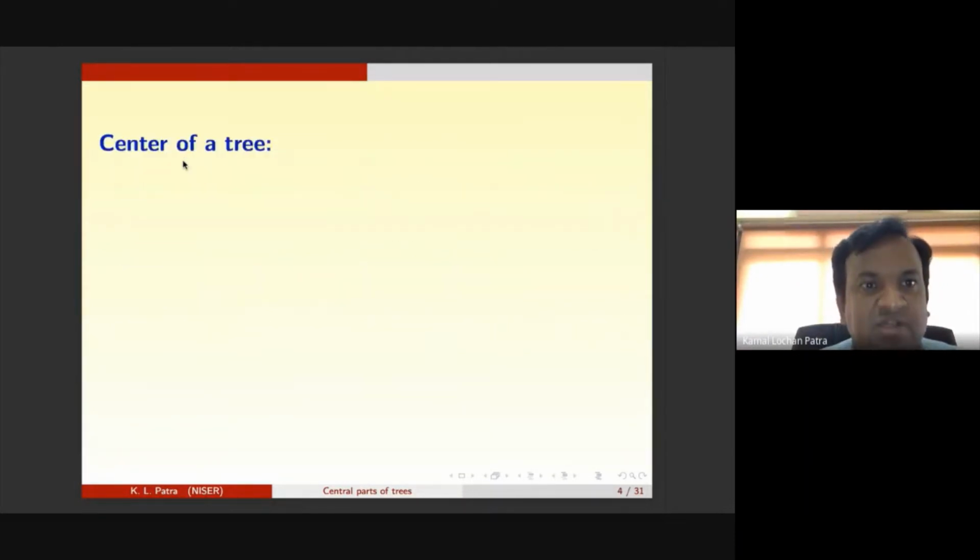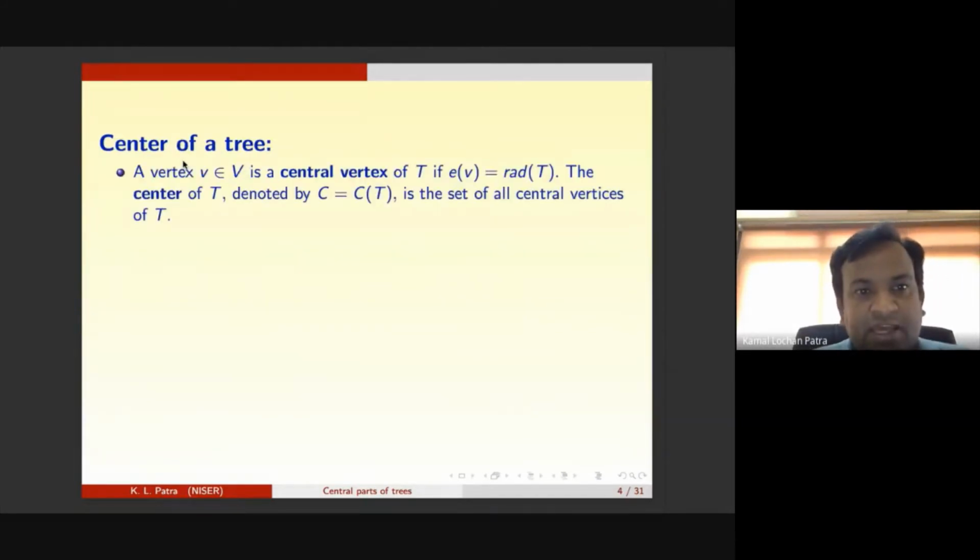Let's move towards what exactly the center of a tree is. A vertex v is called a central vertex if the eccentricity of v is equal to the radius, and the center of T is denoted by C(T) and defined as the set of all central vertices. So basically in a tree, you find the vertices with minimum eccentricity.